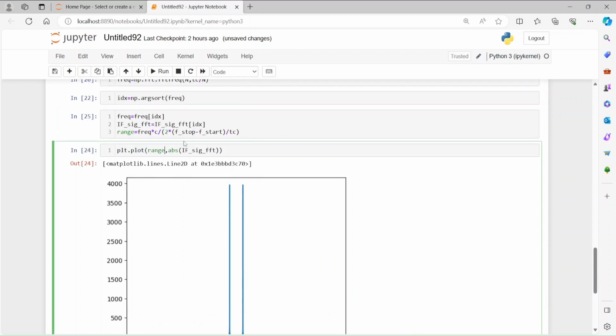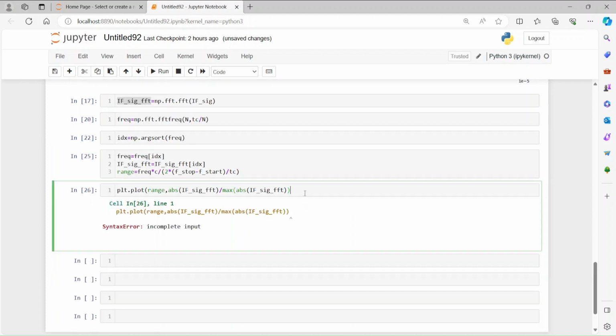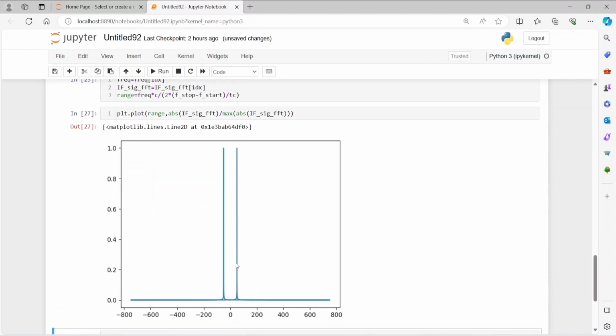Then here I have to normalize as well. So basically you divide by the max of this absolute value, and run it. One more rounded bracket. Okay, this is the information we're getting.